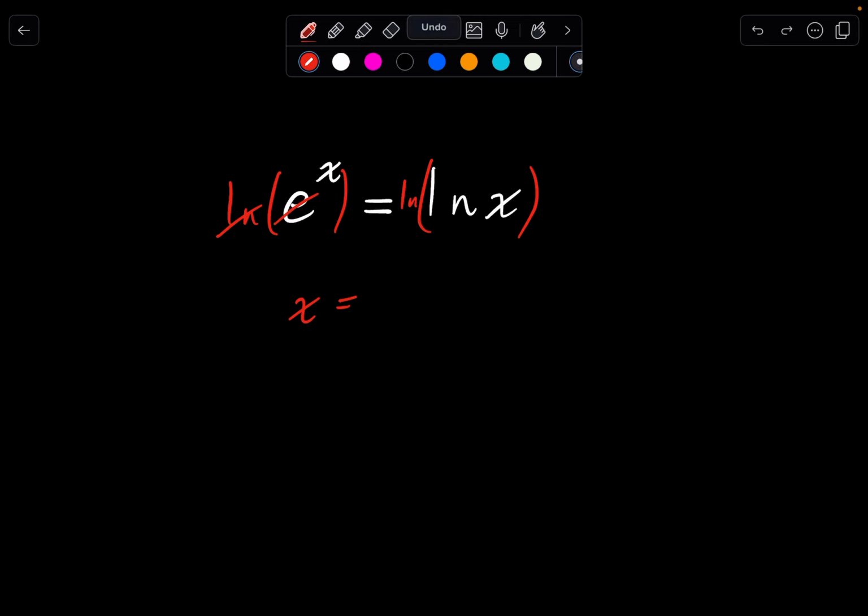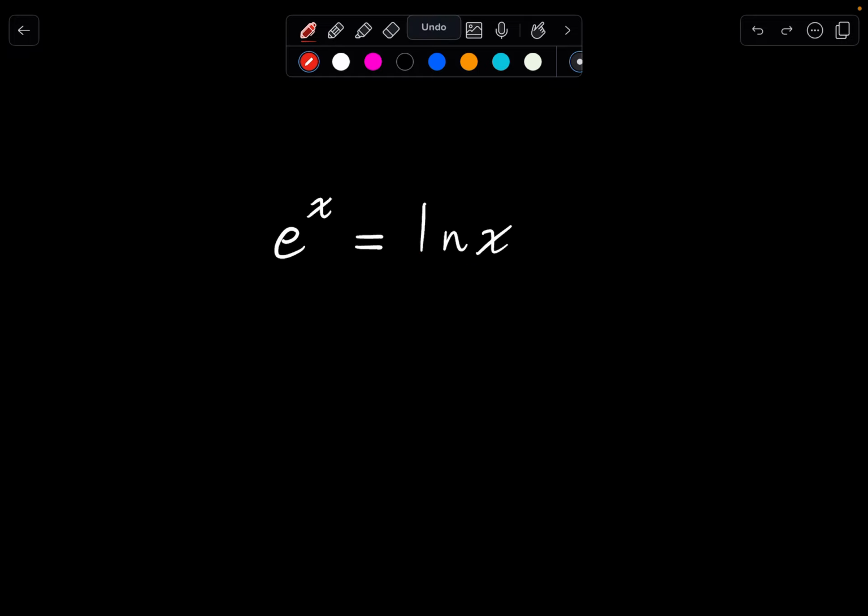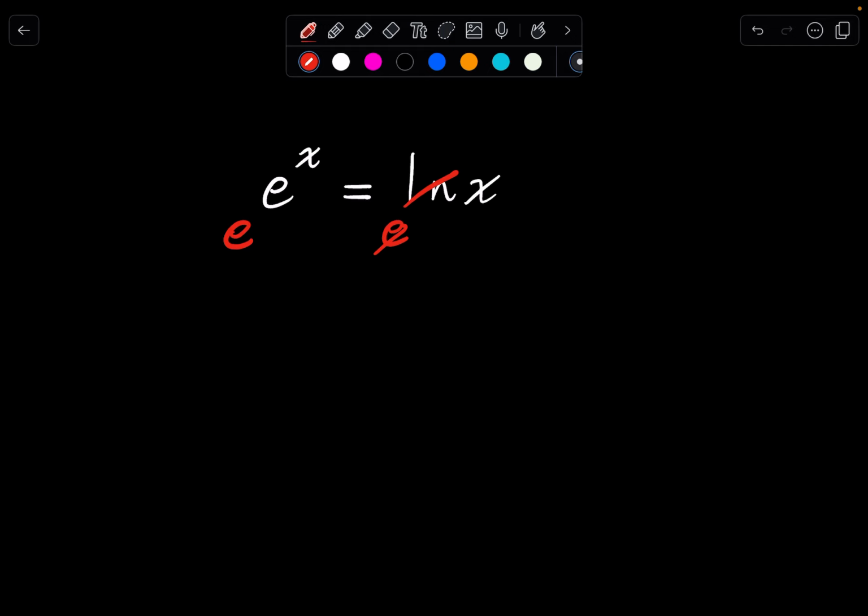Anyways, so maybe we messed up already. Let's go back. So maybe that step was wrong. What's something else we can do? Maybe we can get rid of this ln of x by exponentiating both sides. So what that means is we can take e to the x and then e to the ln of x. So the e and ln of x cancel, and on the left-hand side we have e to the x, which is equal to x.